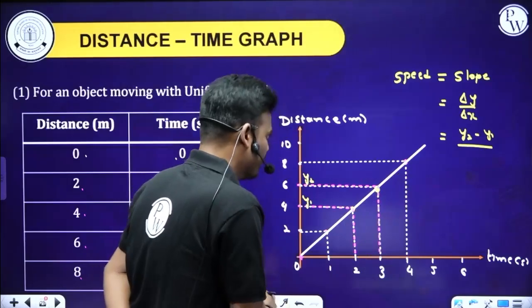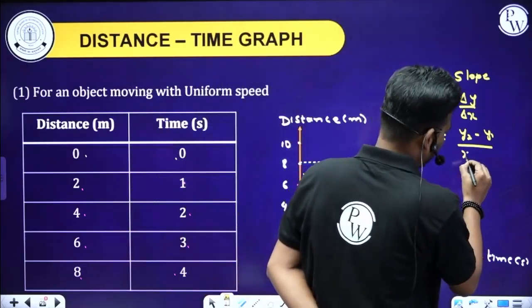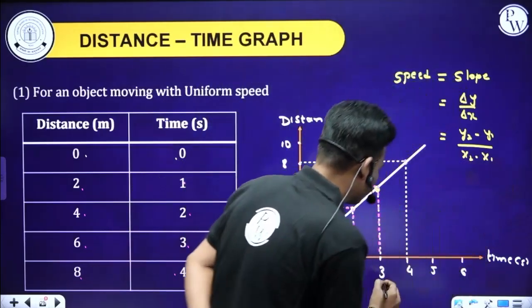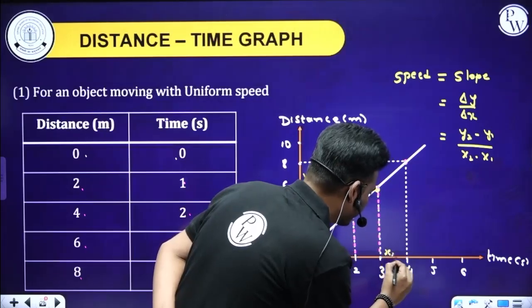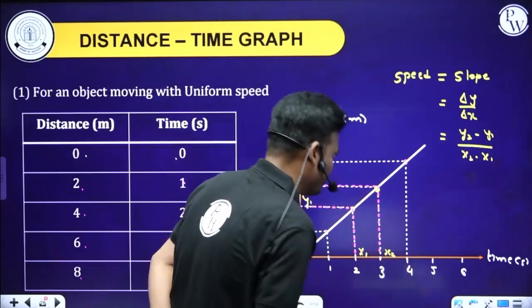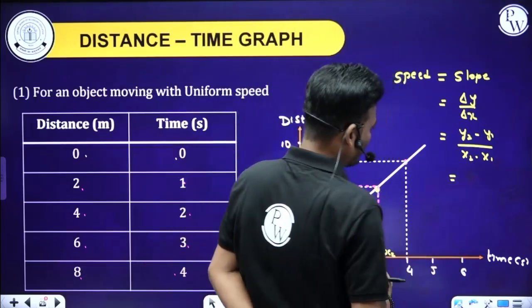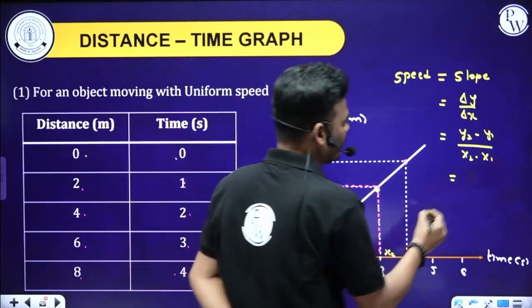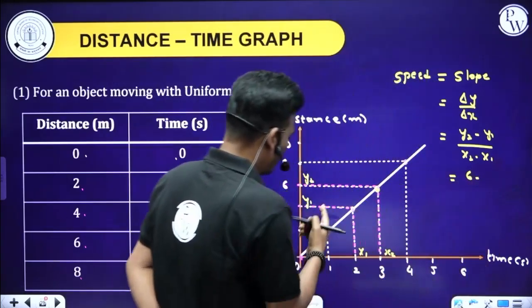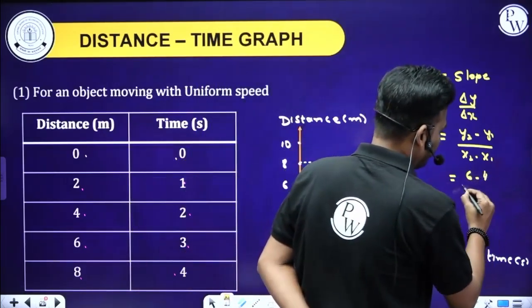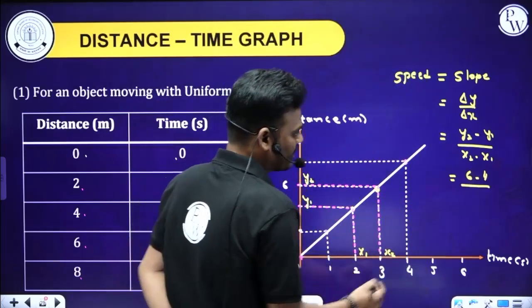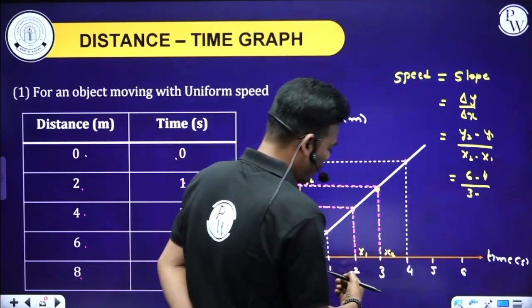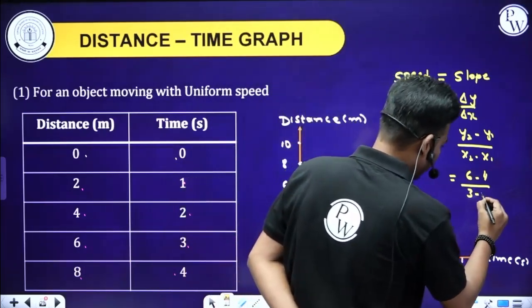Now, what do you have to do? x2 minus x1. That means this is x2 and this is x1. What is the value of y2 minus y1? y2 is 6, y1 is 4, divided by x2, that is 3, minus x1, that is 2.